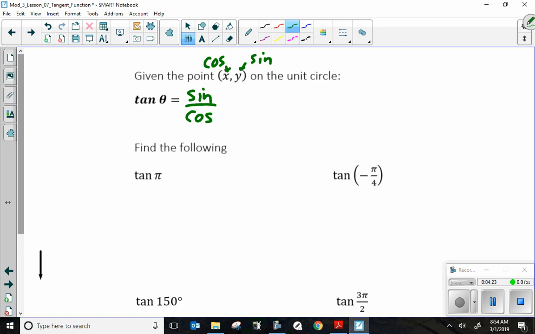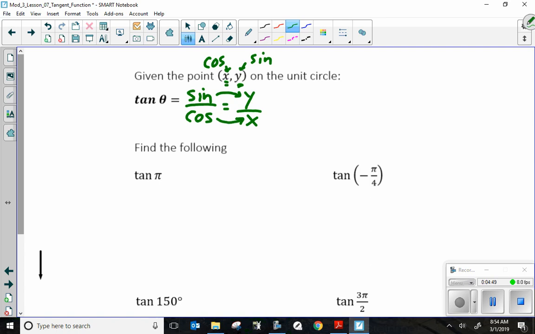Not sure if you remember that from Algebra 1 or maybe even geometry. And I can say if sine is y and cosine is x, tangent is the same thing as y over x. All right? So tangent is sine over cosine, or it's y over x because sine is y and cosine is x, all right?